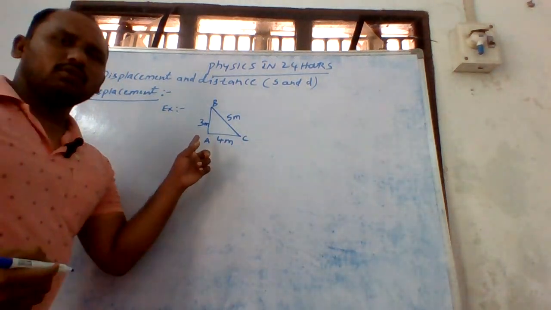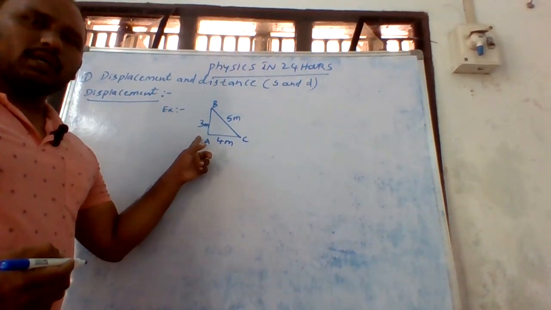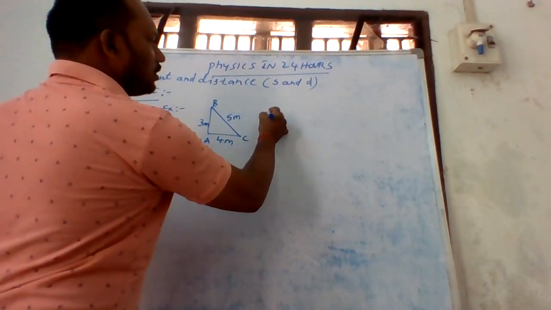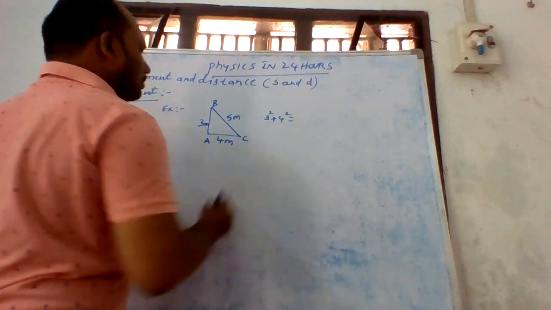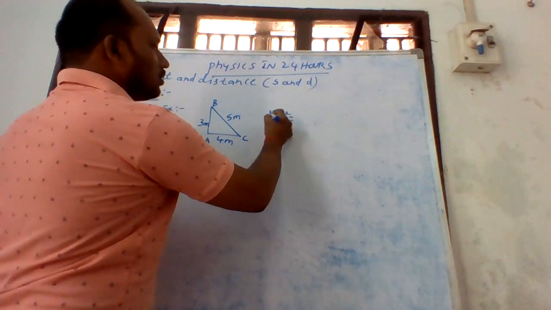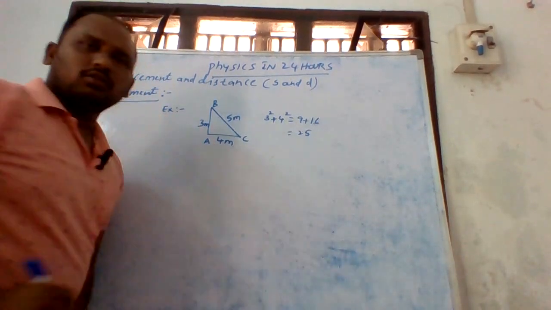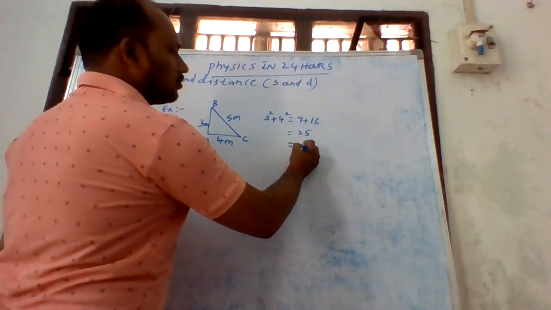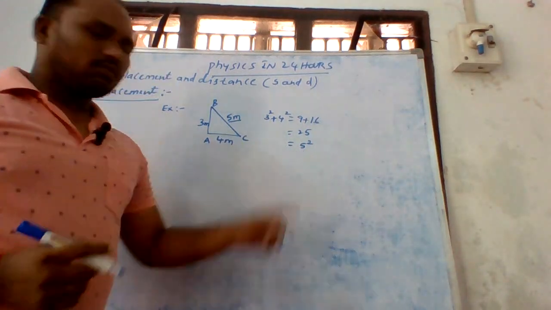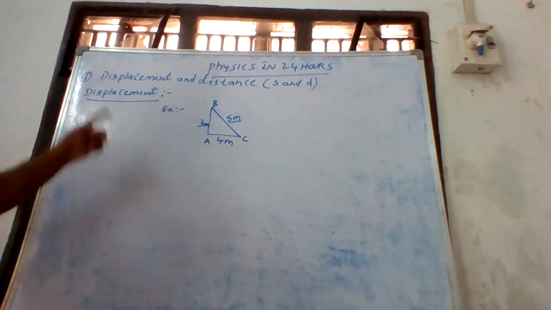We know this is a right angle triangle, so we apply the Pythagoras theorem: side square plus side square. 3 square plus 4 square is 9 plus 16, so we get 25, and the square root of 25 is 5. That is the way we get this 5 value. I hope you understood. So coming to our agenda, displacement.